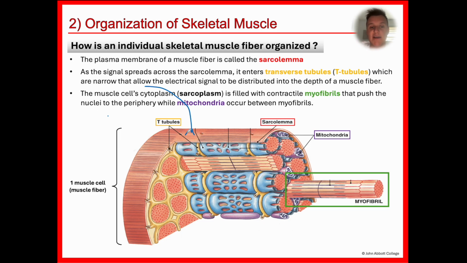And as it releases this stuff, right, the neuron only comes at this level, let's say, but it needs to talk to these deeper little muscle cells to tell them that a neuron has told it to contract, right? A neuron only comes down to here, and it needs to tell these little myofibrils deeper inside that a neuron has told it to contract.